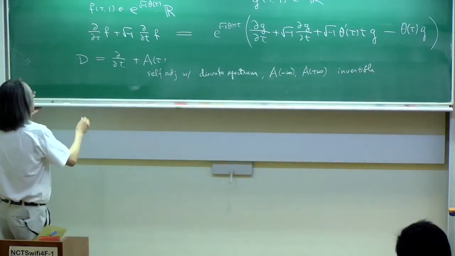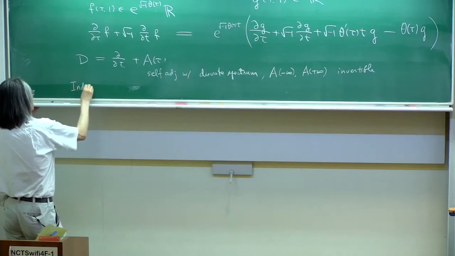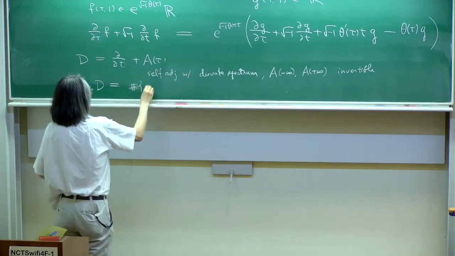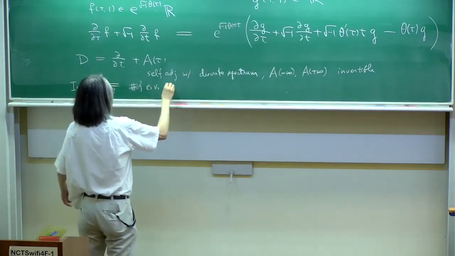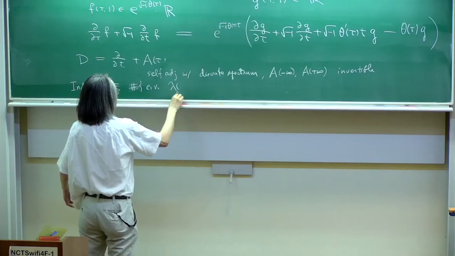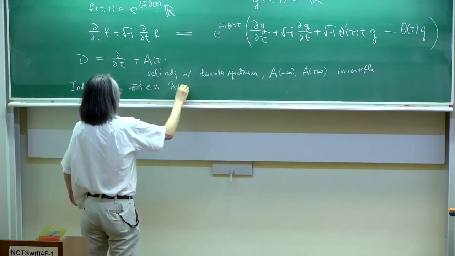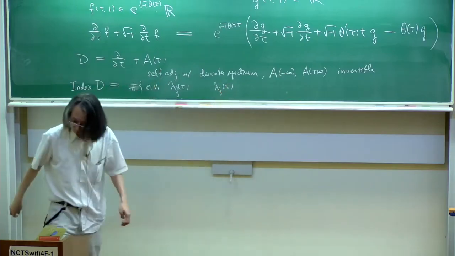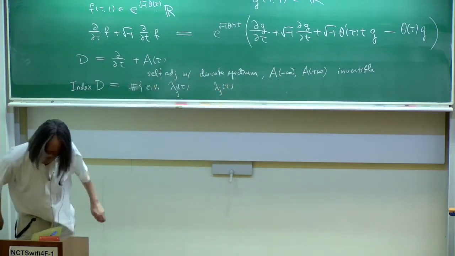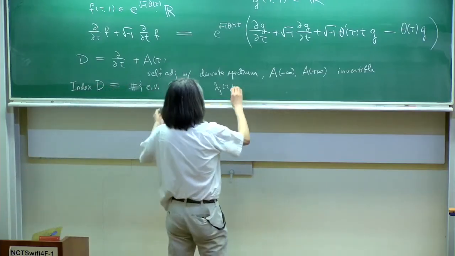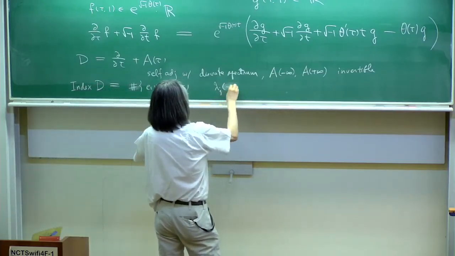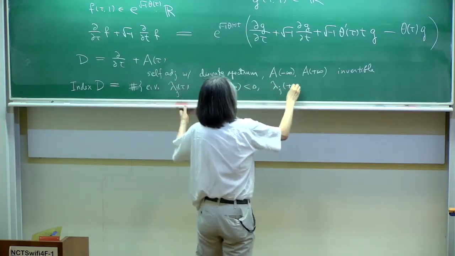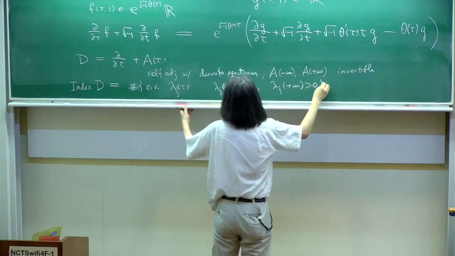Then the index of this operator is equal to the number of eigenvalues lambda j of tau such that lambda j of minus infinity is negative and lambda j of plus infinity is positive.